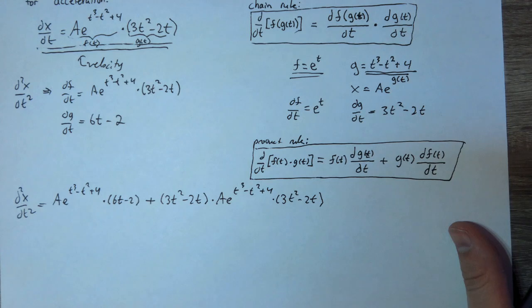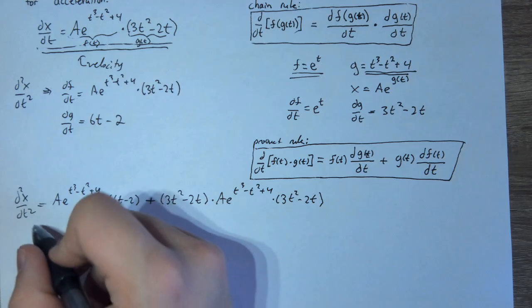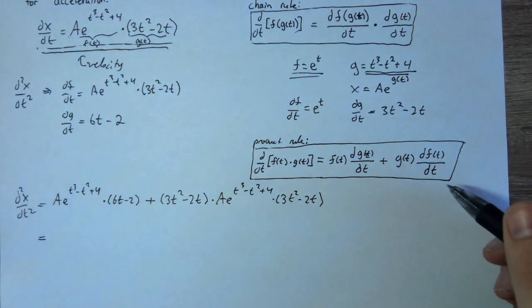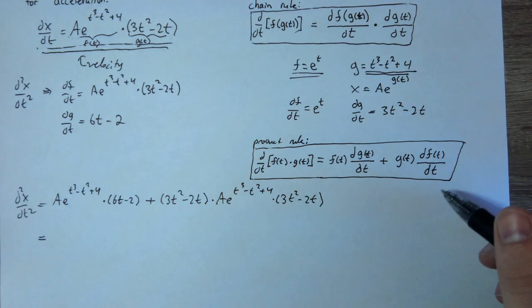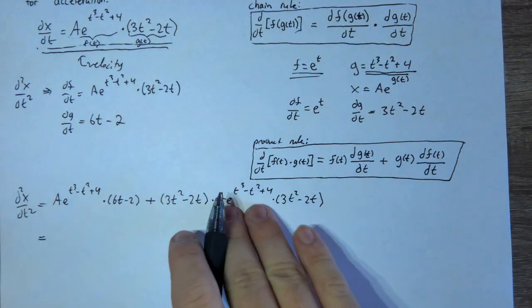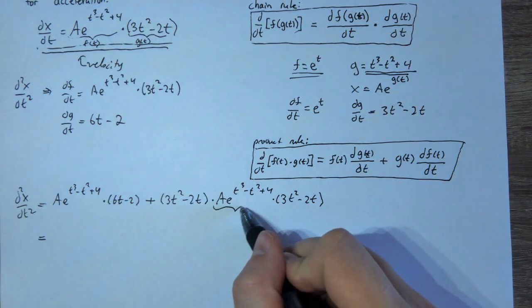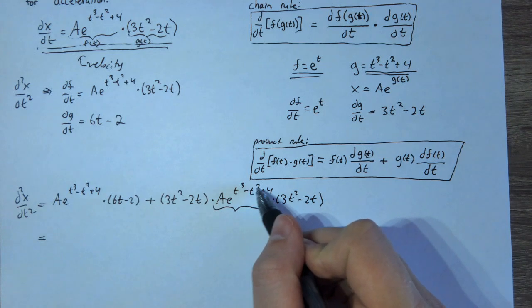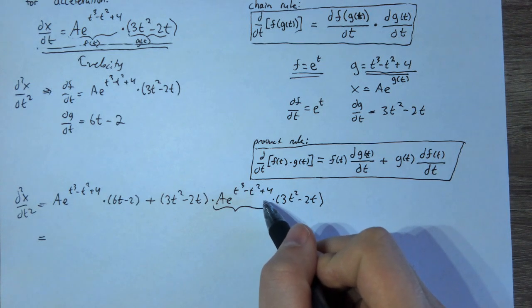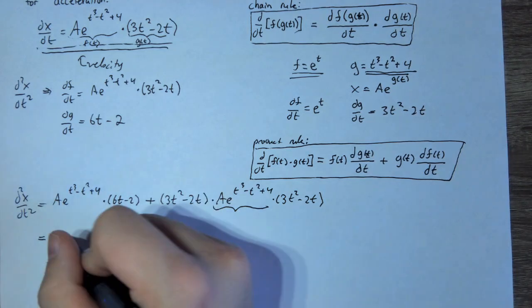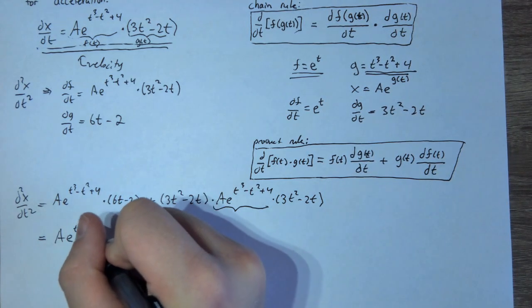It's correct. But we can simplify this down, and it's always good to simplify whenever it's possible. And so the first thing we can notice is we have two terms, and this a e to the t cubed minus t squared plus 4 appears in both. So we can pull that out to the front.